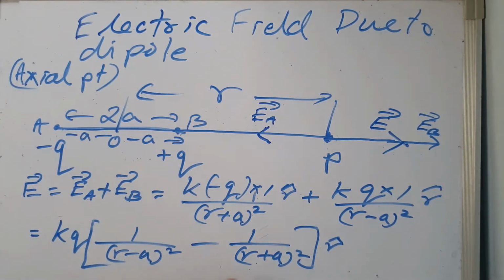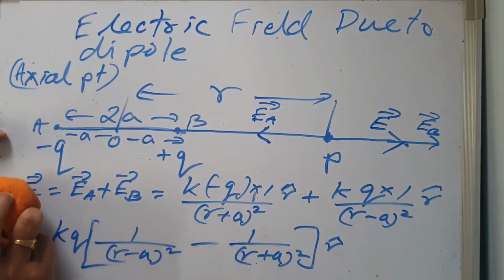Now the LCM of these two, I have to subtract this from this. The LCM is going to be the product of these two denominators. But what is r minus a into r plus a? It is r squared minus a squared. And as there is a square here, the LCM will be r squared minus a squared the whole square. So, its continuation.